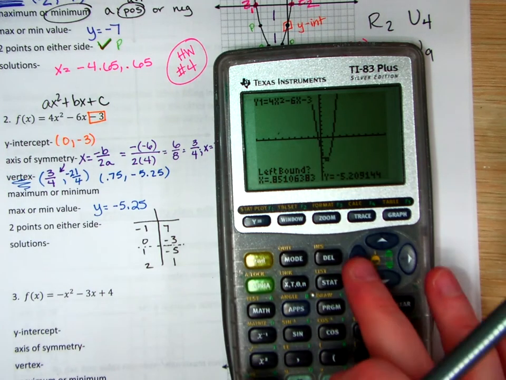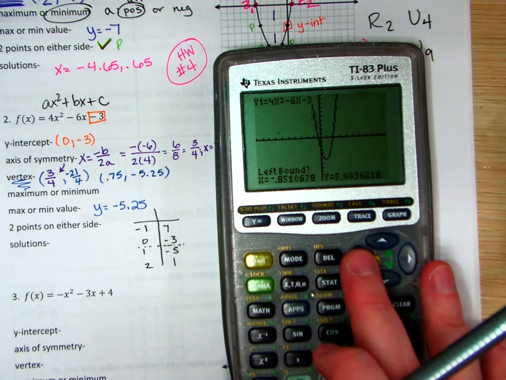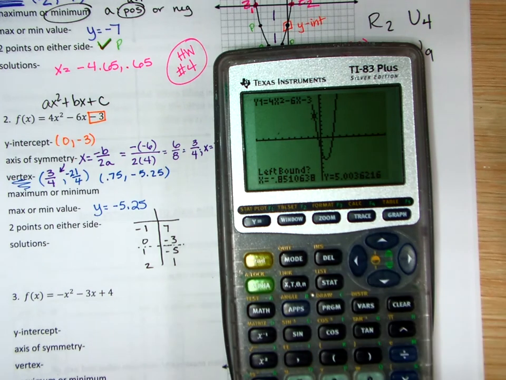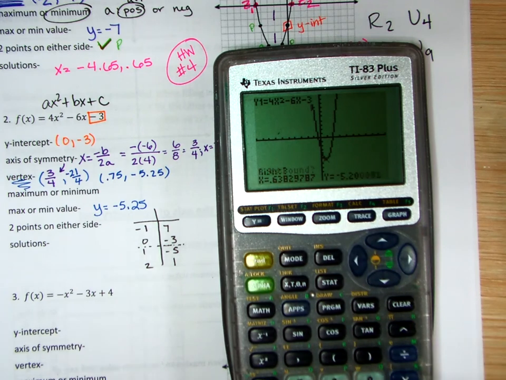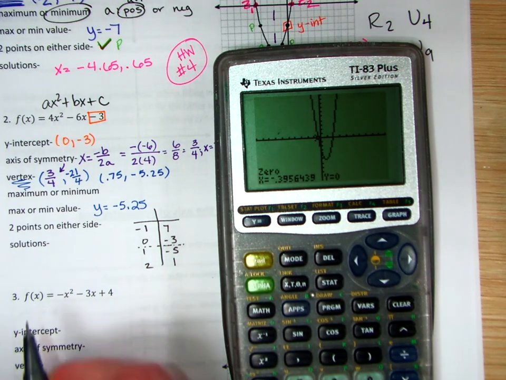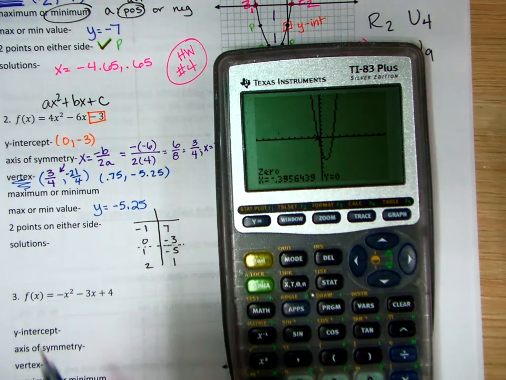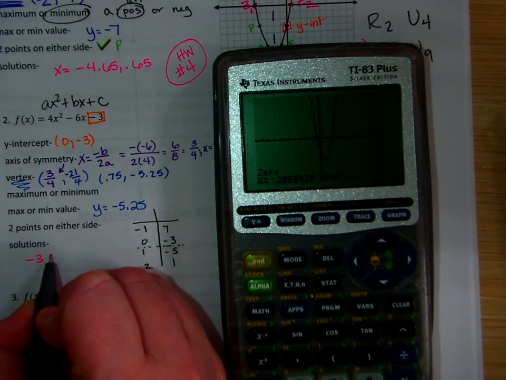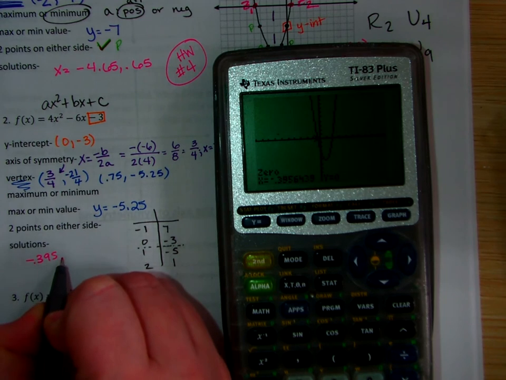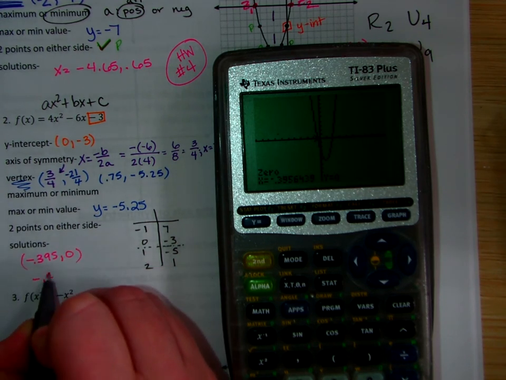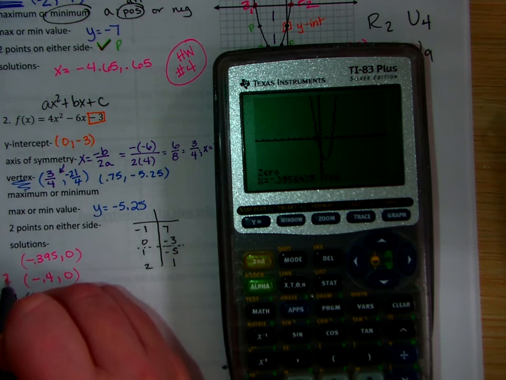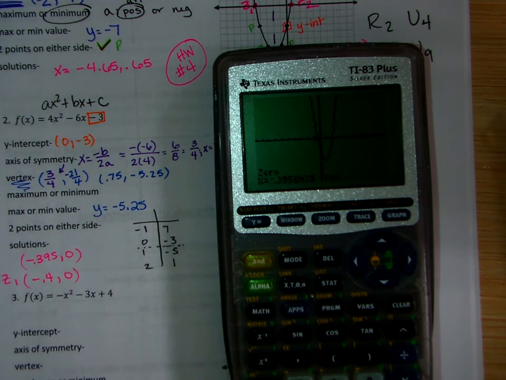We're going to calculate the left one here, so I'm going to go to the left of that. So I'm on the left side. You can see my little spider dude. Hit enter. And then I'm going to go to roughly where my vertex is. I'm not going to cross this zero. Hit enter and enter. So I get a solution of (-0.4, 0), rounded to the nearest hundredth, 2 decimal places.